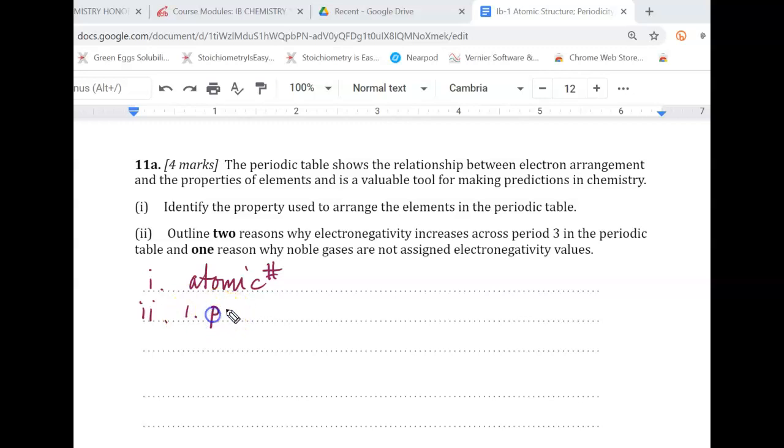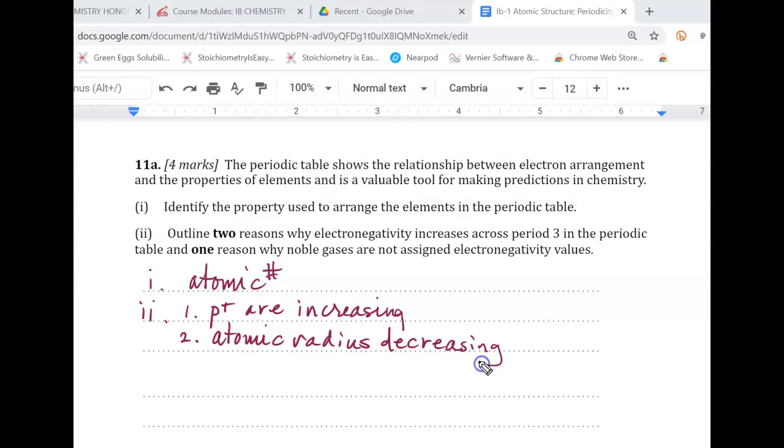First reason, protons are increasing. And the second reason was that the atomic radius is decreasing. Okay. You could have also said greater effective nuclear charge.